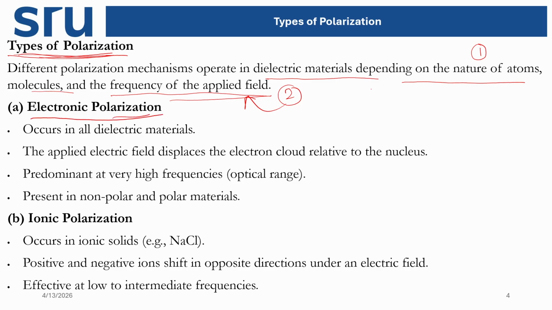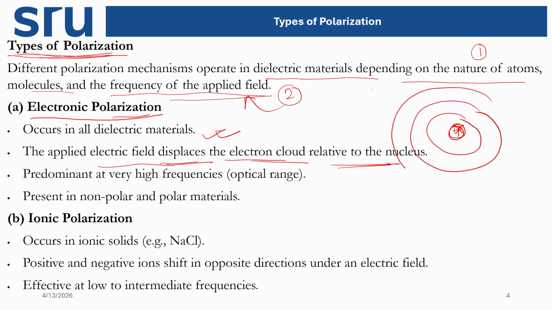Electronic polarization occurs in all dielectric substances, meaning in any dielectric substance you take, electronic polarization can be seen. The applied electric field displaces the electron cloud relative to the nucleus. Say in an atom, the nucleus is there, and surrounding it, in different energy levels, electrons are there. When we apply the electric field, the electron cloud in every energy level is displaced.